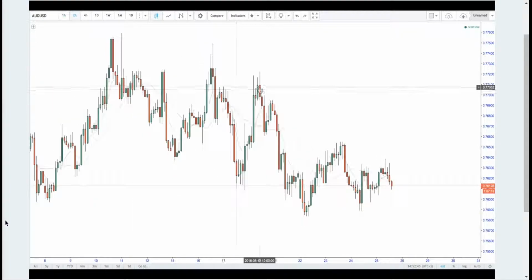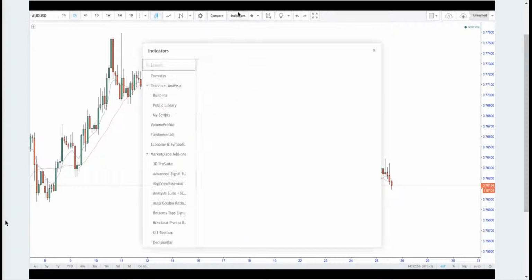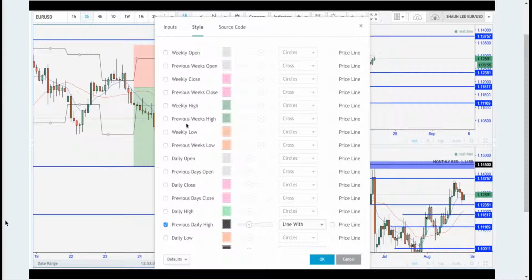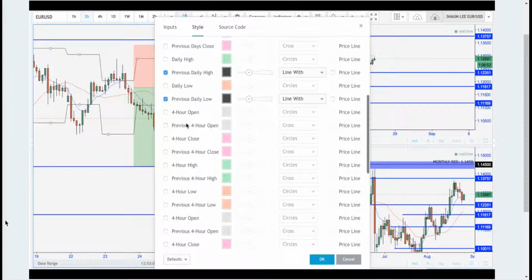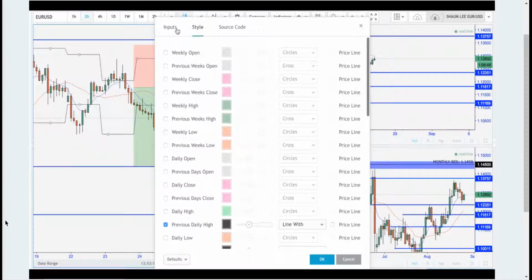Okay, for some reason that hasn't come up. Bear with me, please. Let me just double check over here. As you can see, I've got it over here on my Euro USD. Daily high, daily low, line with breaks, inputs.